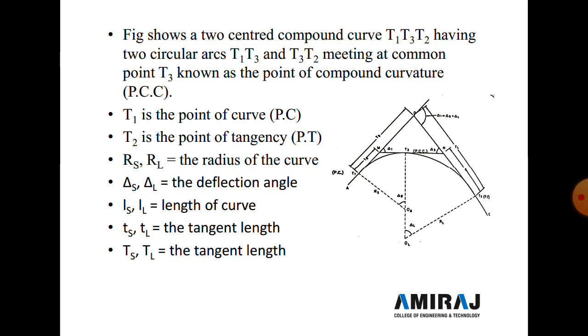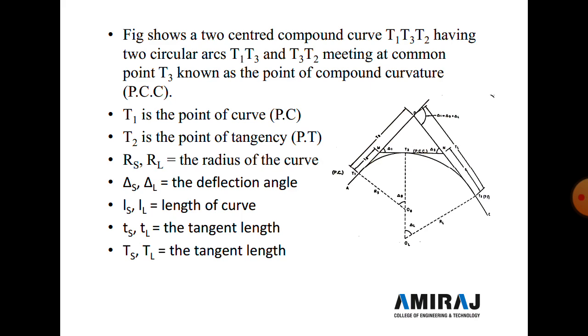So here the figure shows a two-centered compound curve T1, T2, T1, T2 and T3, having two circular arcs T1-T3 and T2-T3 meeting at a common point T3, which is known as the point of compound curvature.